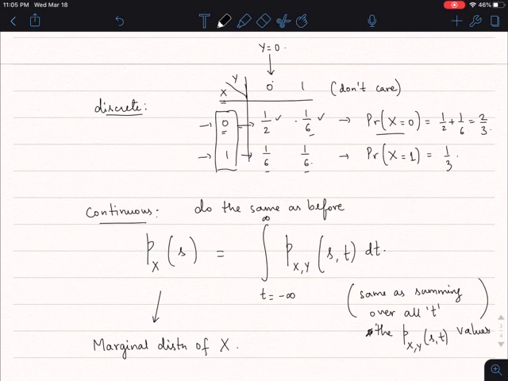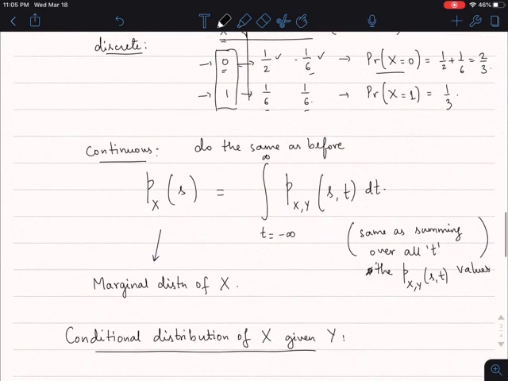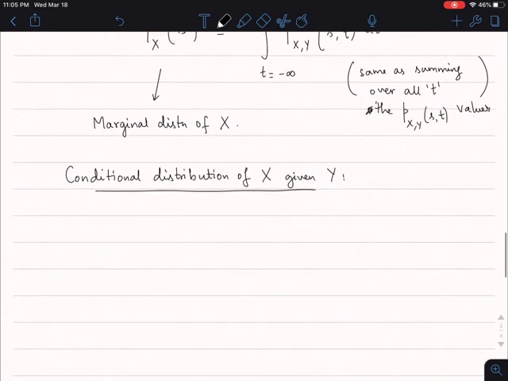Let me redraw this example. Here, conditioned on y equals 0, x was taking value 0 with probability half, and x was taking value 1 with probability 1/6. And here there was y equals 1, and this was 1/6, this was 1/6.